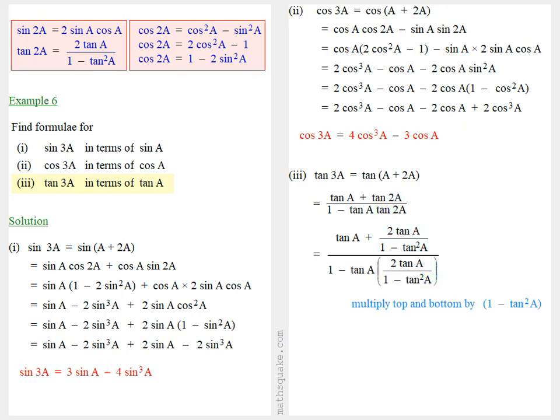Now if we multiply the top and the bottom by 1 - tan² A, we get tan A times (1 - tan² A) plus 2 tan A all over 1 - tan² A minus 2 tan² A. Now that simplifies down to give us the tangent of 3A is equal to 3 tan A - tan³ A all over 1 - 3 tan² A.